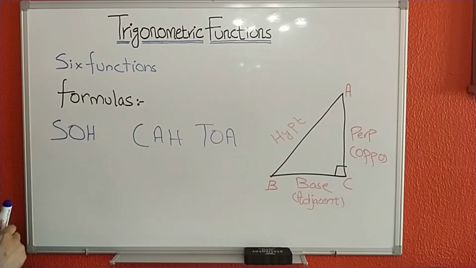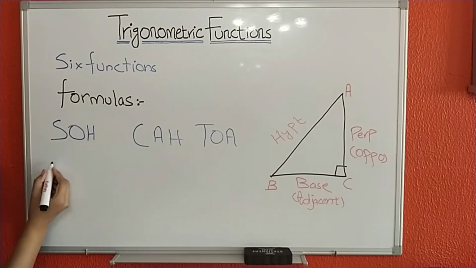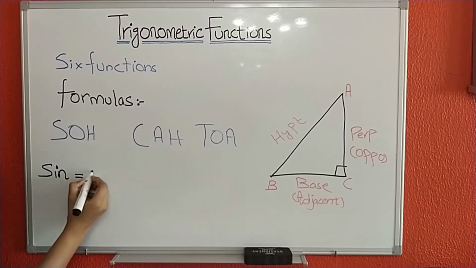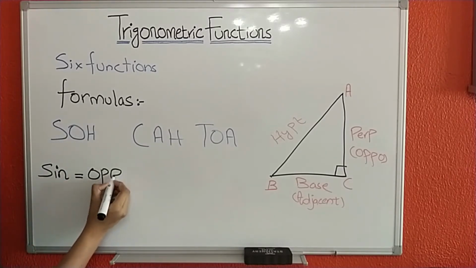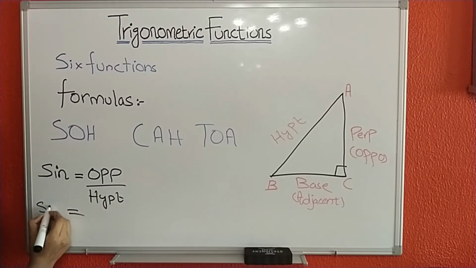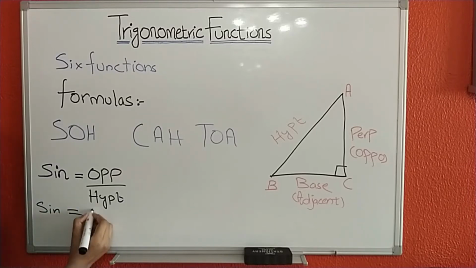SOH means sine is equal to opposite side upon hypotenuse, or we can also write it as perpendicular upon hypotenuse.